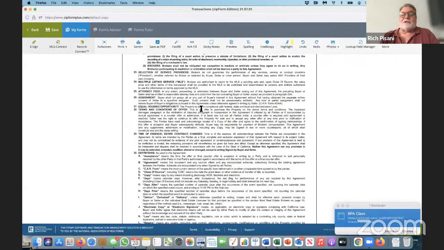Equal housing opportunity. We cannot discriminate amongst those protected classes. That's very important.